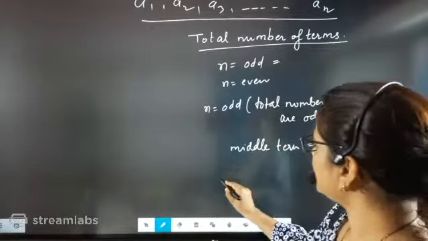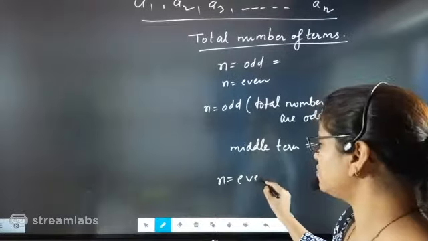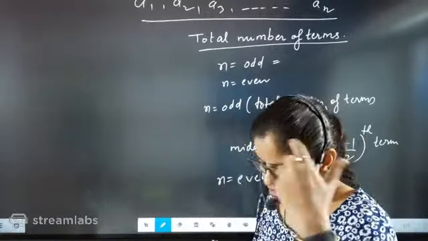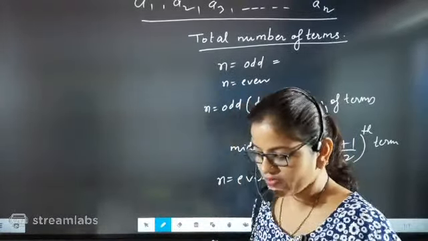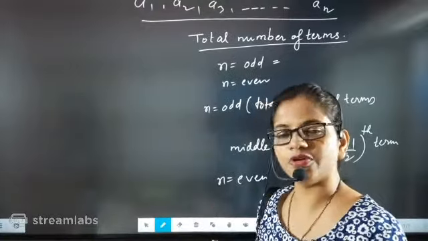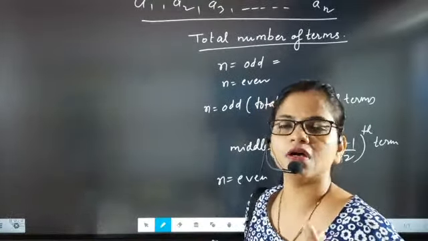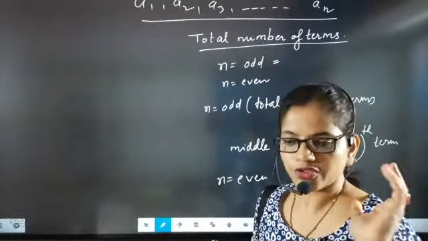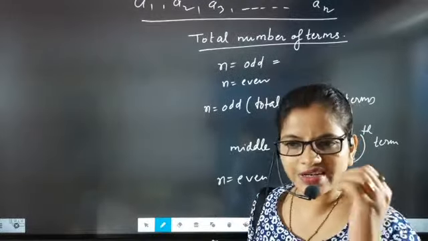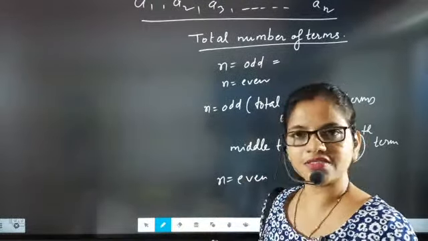But if n is even, if it is not coming into your brain, beta, don't fight with it. Don't resist it, because we will solve many questions now and you will be able to understand. Right now, just let it be easy and then understand it, beta.